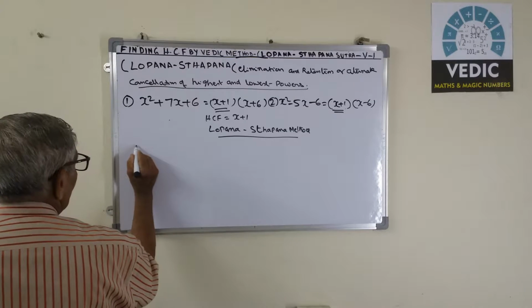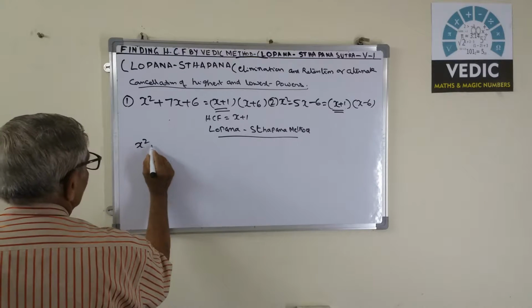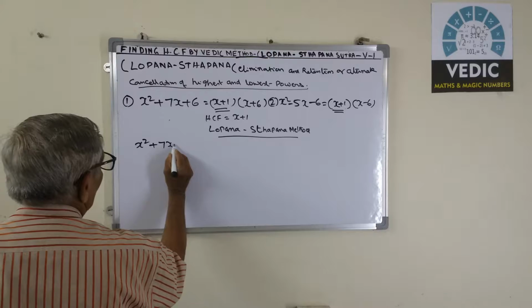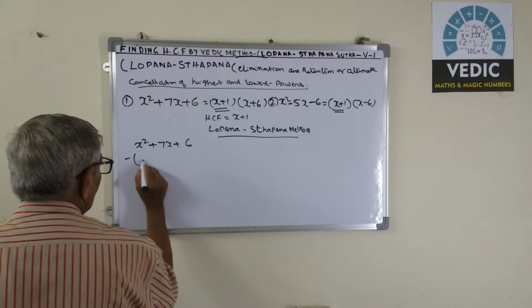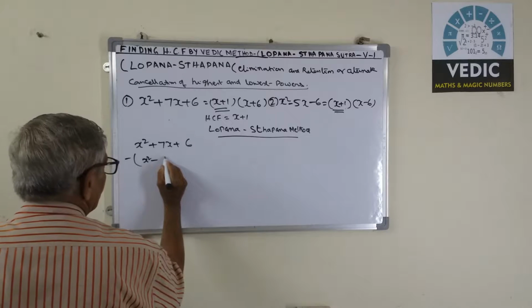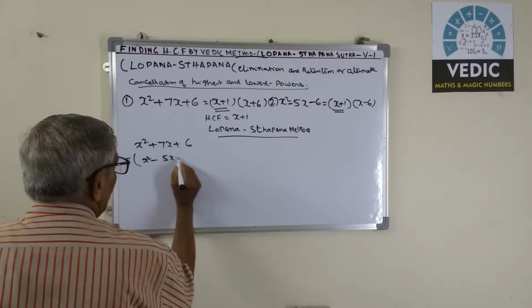So, take x square plus 7x plus 6 minus x square minus 5x minus 6.